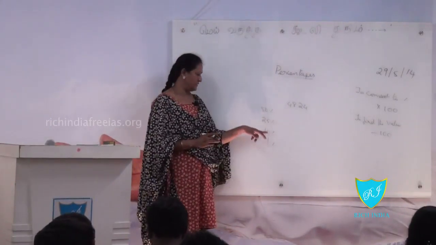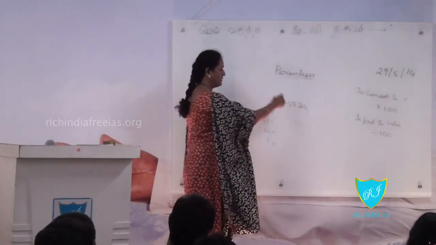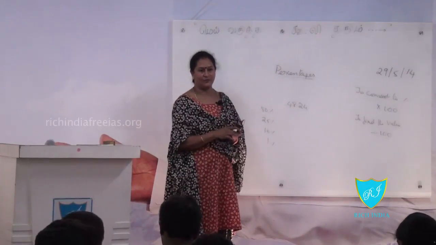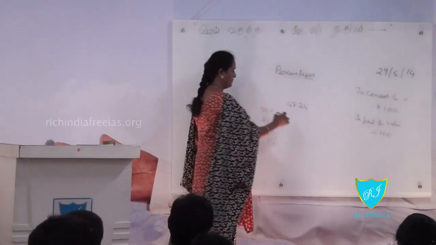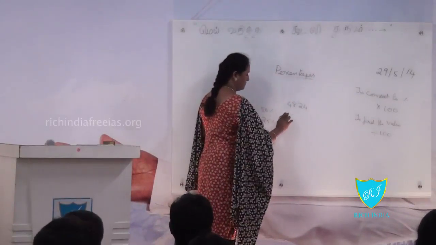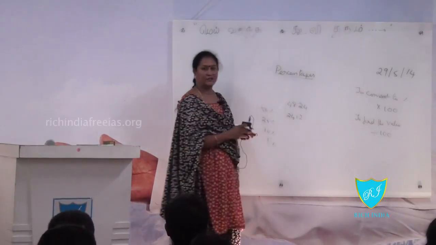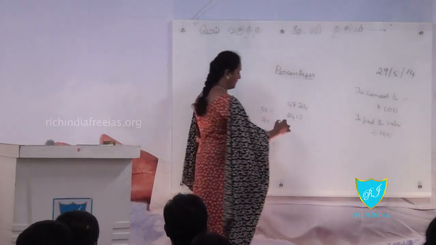When you need 30%, find 10% and multiply by 3. So you have this number 4824. For 50%, what will be the value? Half of it. So half of this given value. When it is 25%, it is 1/4 of this.